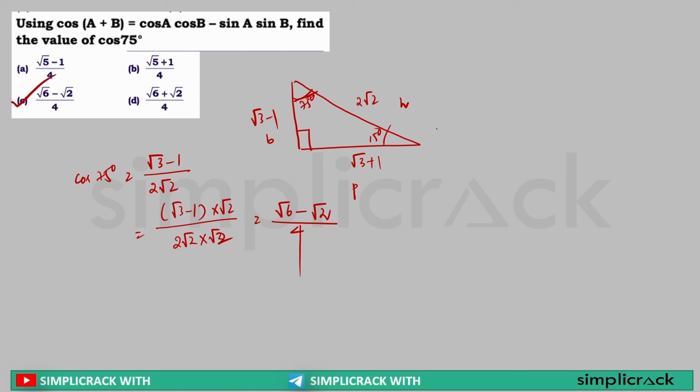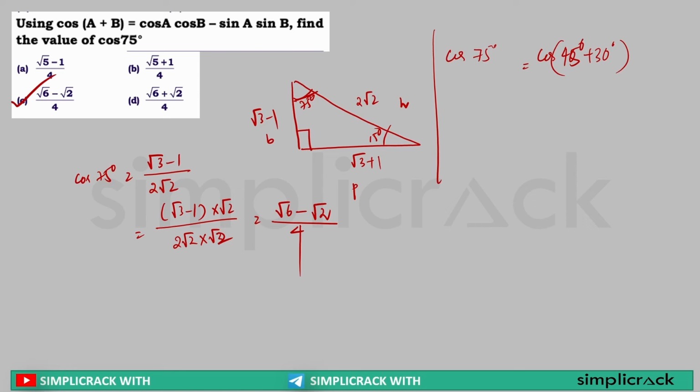Otherwise, what you could have done? Sir, it is about cos 75 degree. Sir, cos 75 degree is equal to cos(45 degree plus 30 degree). Now you would have used the cos(A plus B) formula and found it. Or you know this, you are smarter than others, you will directly find the answer. Whatever the instruction is given, what to do with that?